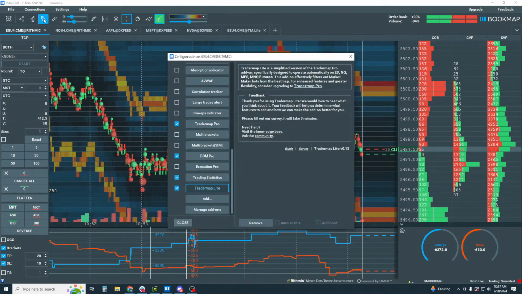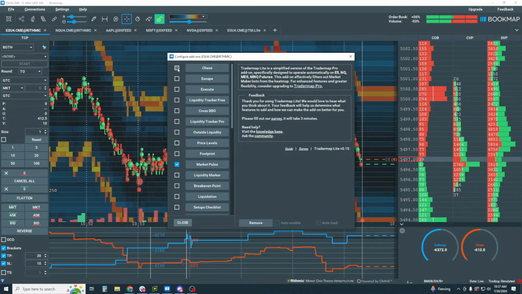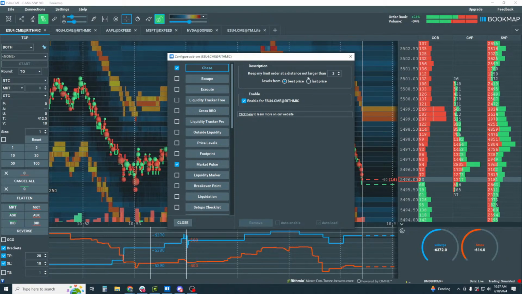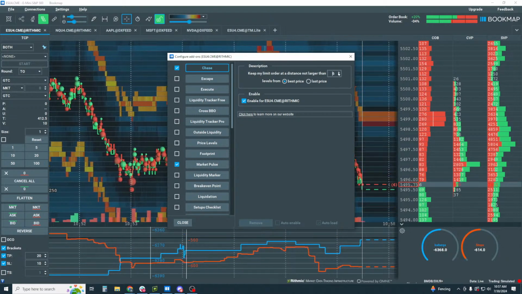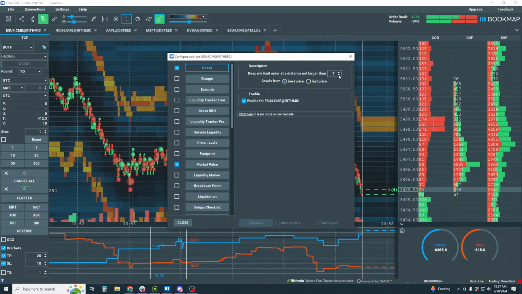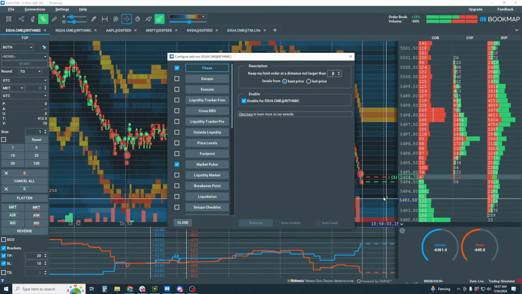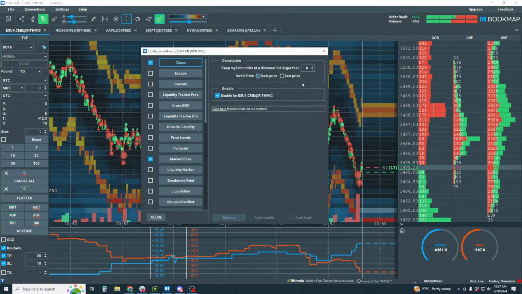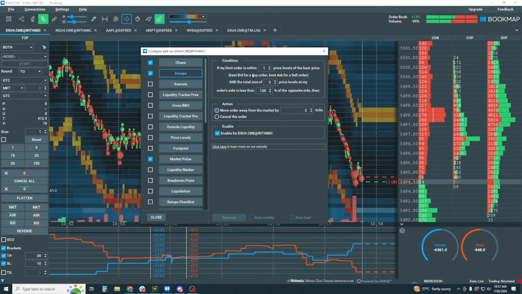All right, so let's go up here. We're going to turn on this algo here, chase and escape. So we're going to put on chase distance, go with 2 points. Is it about 2 points? Yeah, it's around 2 points or so. And then escape also.